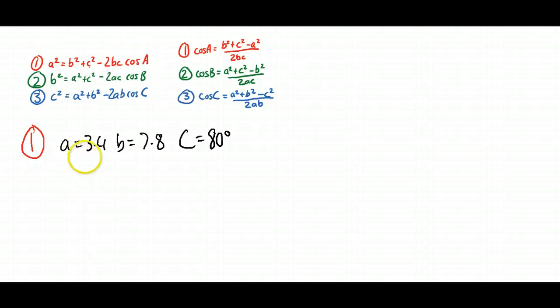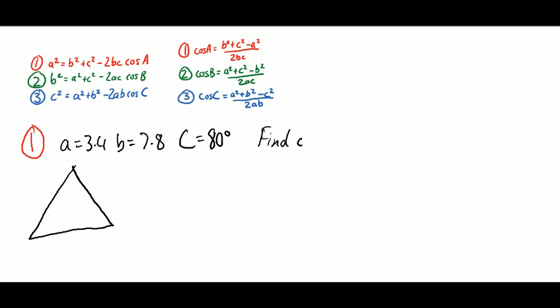Okay, let's look at this question here, where we're given these two sides and this angle here, and we need to find side C. Okay, if we want to find side C, first step is draw a diagram of this situation. Okay, so let's make this angle A, angle B, angle C, and let's make this side A, side C, side B. Let's label it according to the information we've been given.